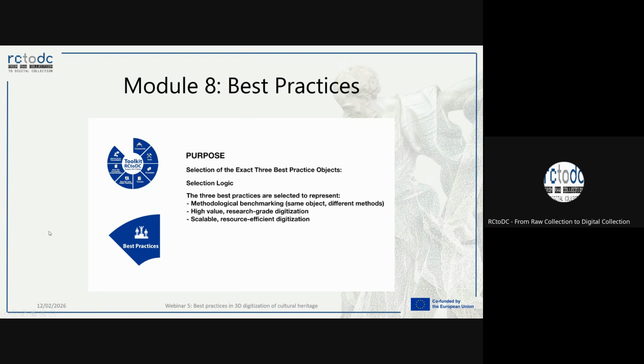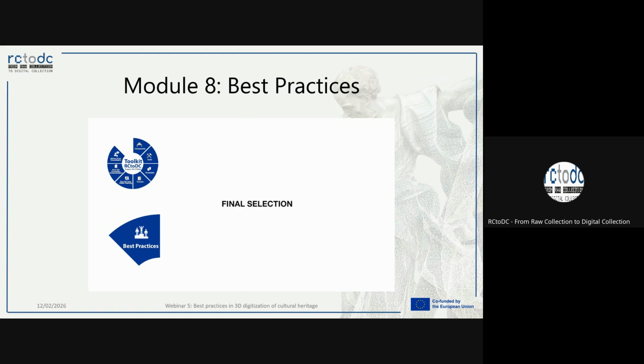Same object, different methods. High value. Research grade digitization. Scalable, resource-efficient digitization. This selection reflects real decision paths faced by cultural heritage institutions, not idealized laboratory conditions.